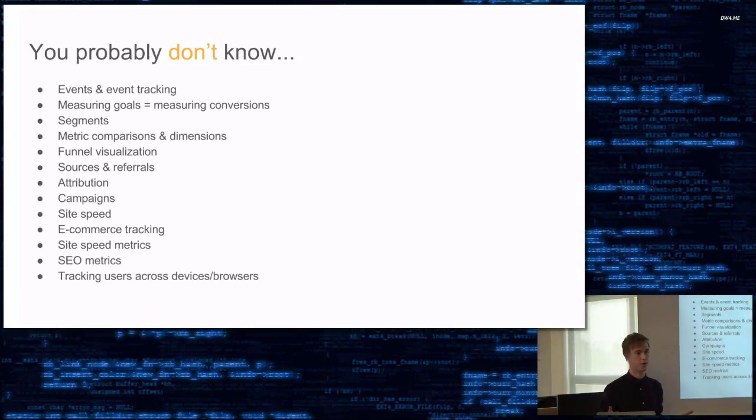Those are some of the things that are available in analytics. Did anybody know this? Yes, some of it. Not all of it, maybe. Or all of it, I don't know.